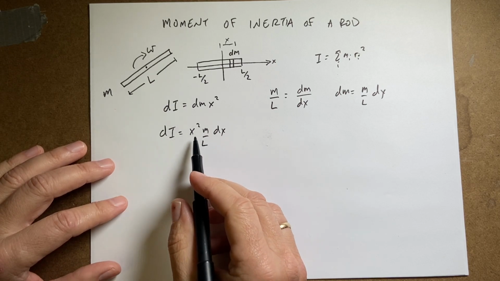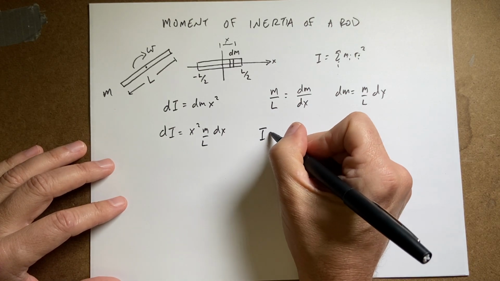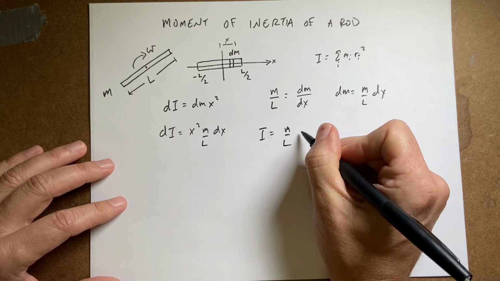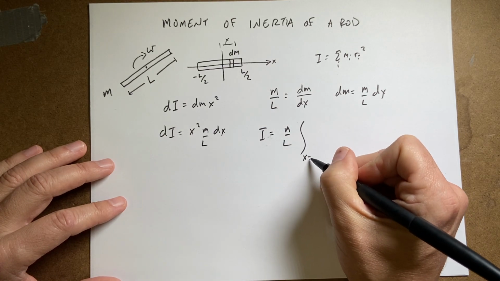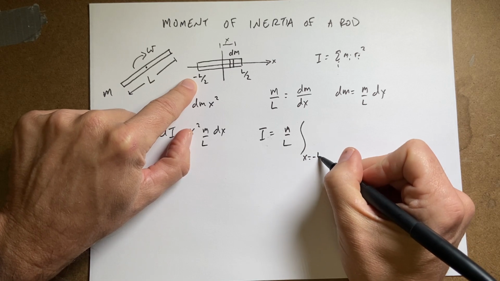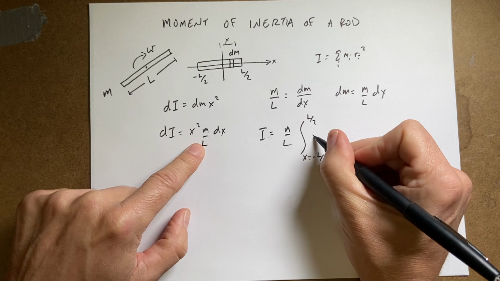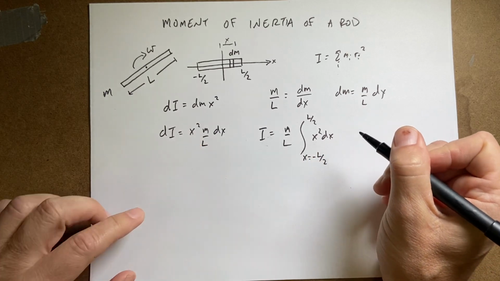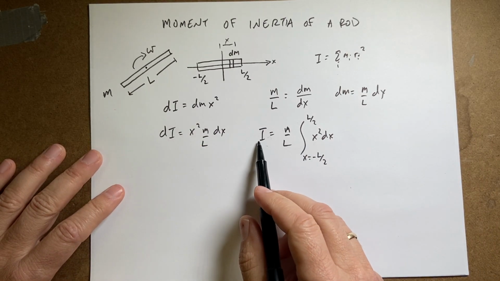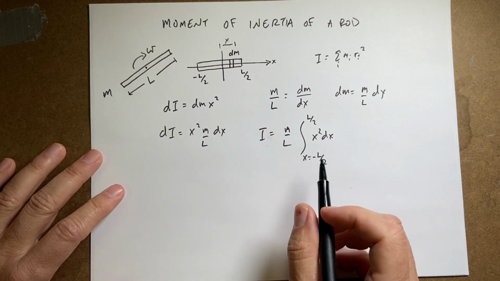But now I can integrate both sides, and I get I equals M over L times the integral from x equals negative L over 2 to L over 2 of x squared dx. So I don't need to worry about the constant on this side because I have limits of integration on this side.